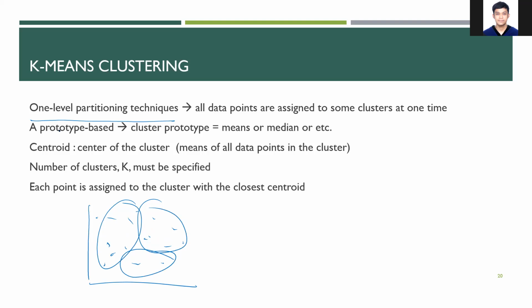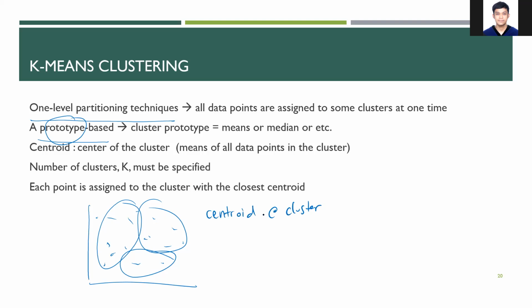K-means is also a prototype-based clustering algorithm, which means that in k-means clustering, we use the prototype of each cluster to represent all the data. It means that in k-means clustering, we have to find the centroid of each cluster.